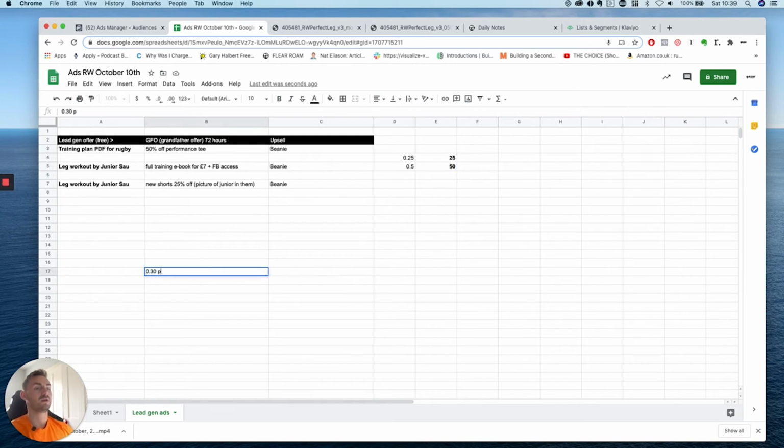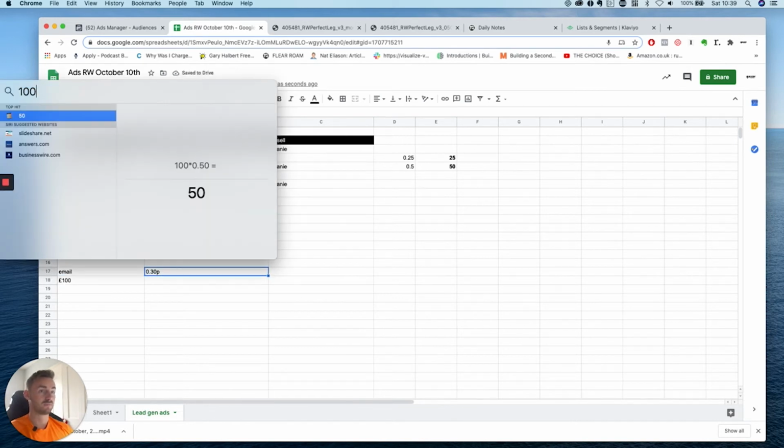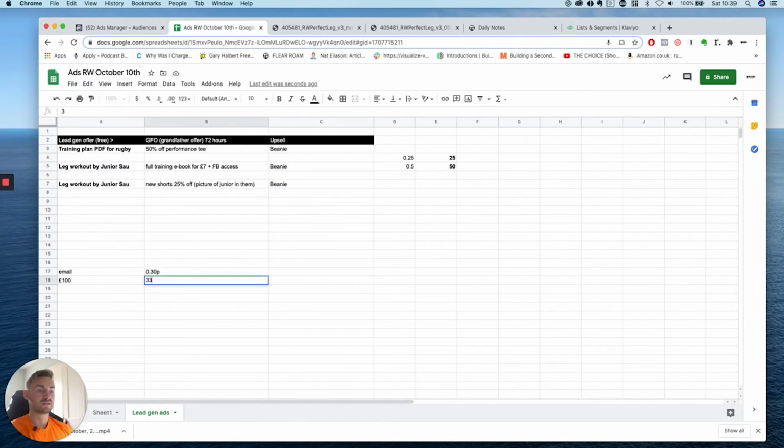So this is a genuine number. We usually get an email for 30 pence, which is mental. If you spend £100 a day on that, 100 divided by 30, that's 333 emails a day into your new email list. They go through a 3-day nurture to make sure they don't forget to take the offer up.